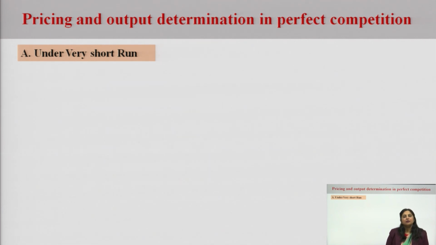Coming ahead, the seller has a dilemma: how much should be the price and how much should be the output. I have already said that it is a feature of perfect competition that the seller cannot determine the price. Then who determines the price? Demand and supply. He need not bother about the price, because it is determined by the market forces, the demand and supply forces.